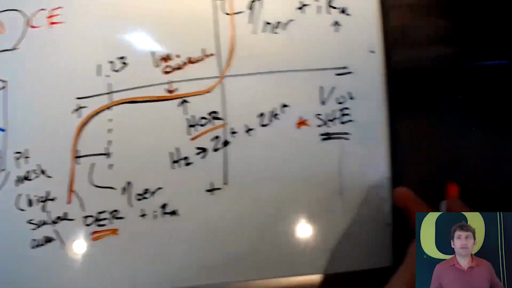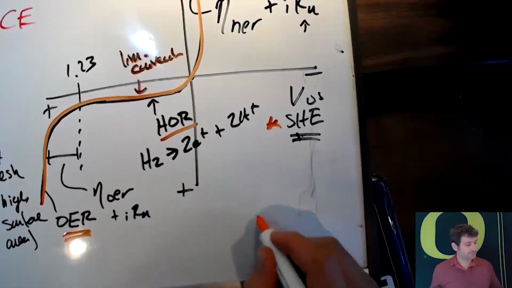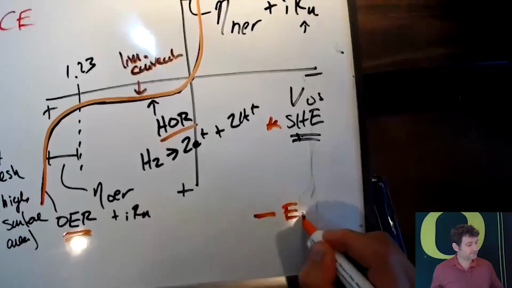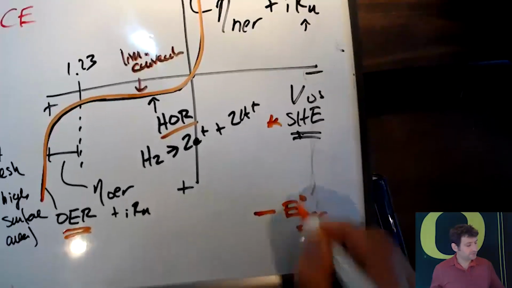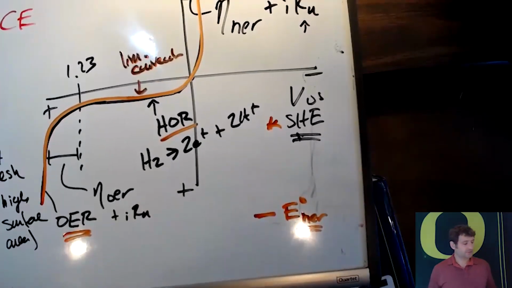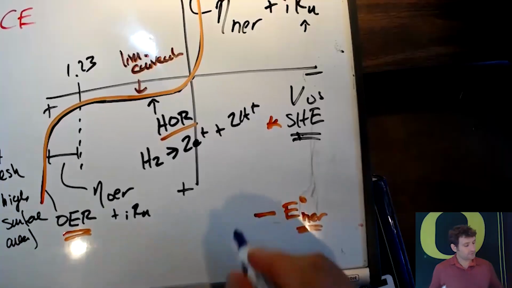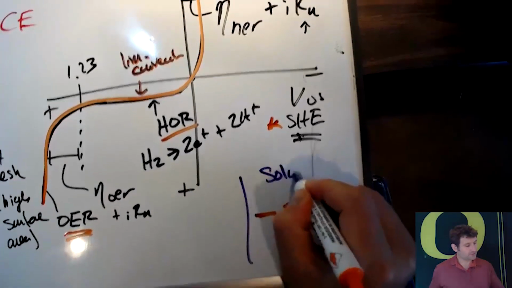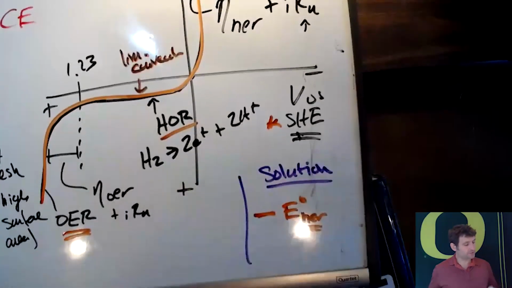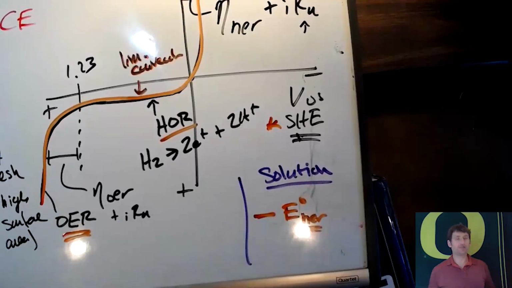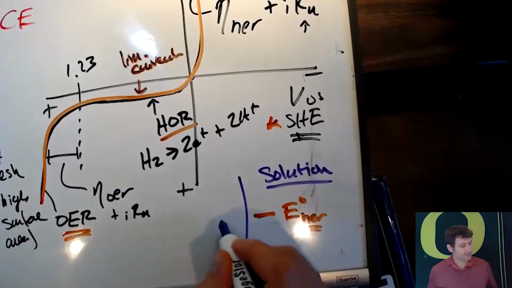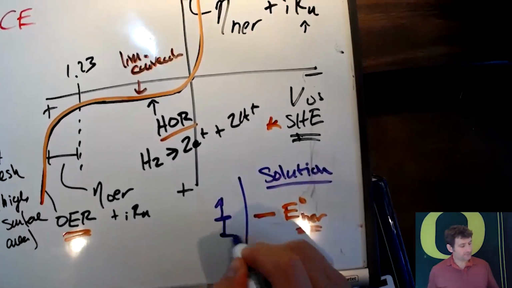So if I think about an energy level diagram, I have E, we'll call it HER. So that's our standard hydrogen electrode. And this is in solution; the energy of the electrons in solution is set by the hydrogen and proton couple. And now I can move my electrode up or down, right?